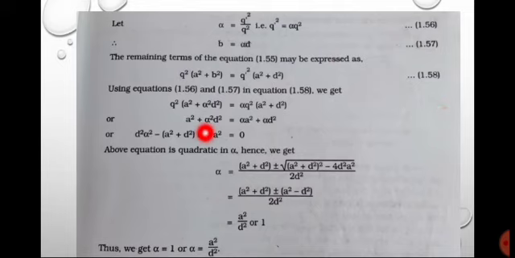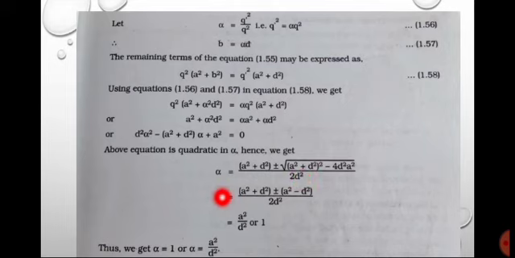So A square plus alpha square D square is equal to alpha into A square plus alpha D square, or D square alpha square minus in bracket A square plus D square alpha plus A square. Above equation is a quadratic equation in alpha, hence we get the root as alpha is equal to A square plus D square plus minus root of bracket A square plus D square bracket square minus 4D square A square upon 2D square.